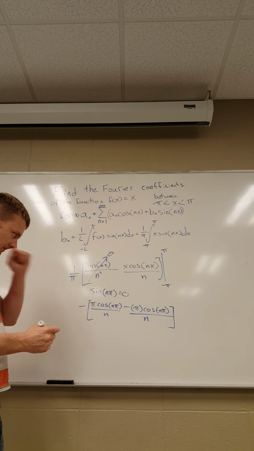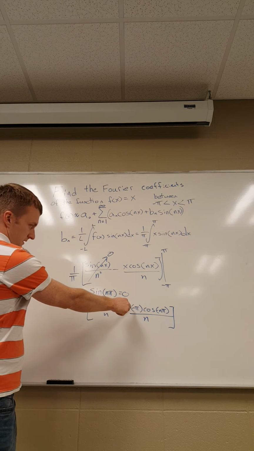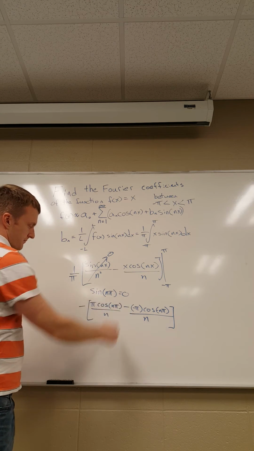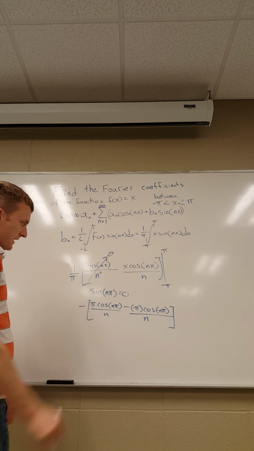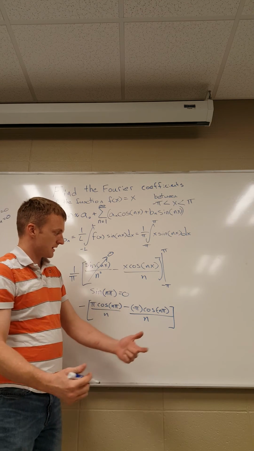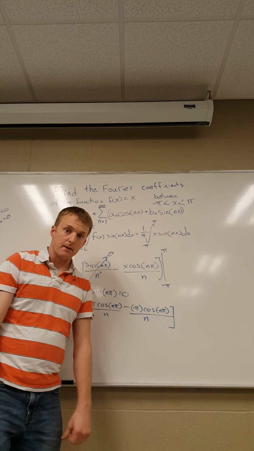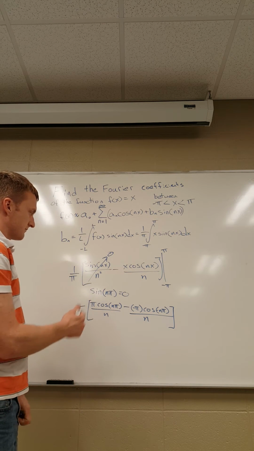Now, a negative pi minus a negative pi turns this into pi cosine n pi plus pi cosine of negative n pi.